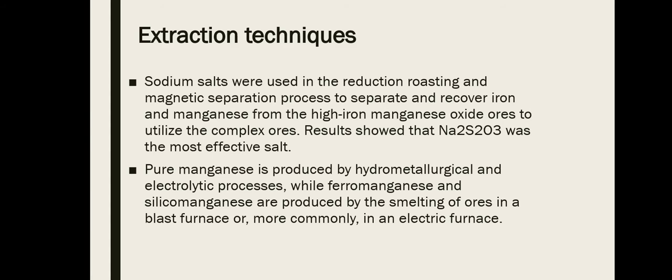A hydrometallurgical process is a way to extract metal from ore by preparing an aqueous solution of a salt of the metal and recovering the metal from the solution. While ferromanganese and silicomanganese are produced by the smelting of the ores in a furnace or more commonly in an electric furnace.